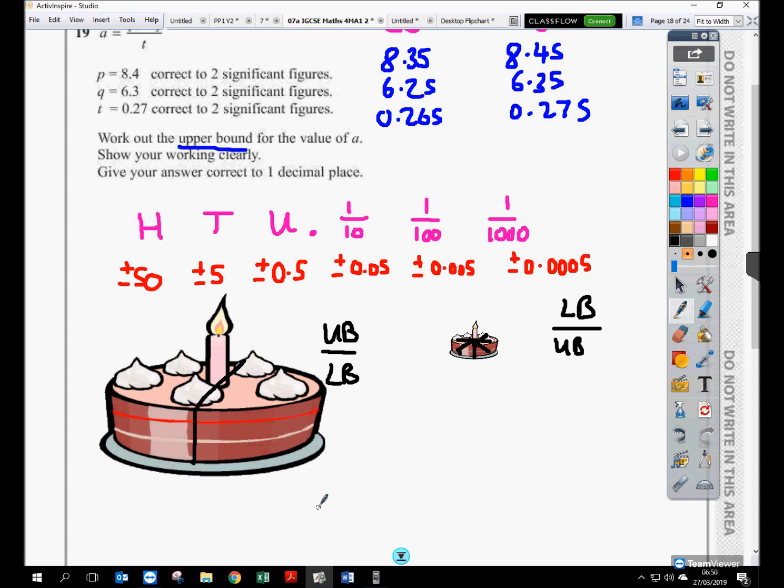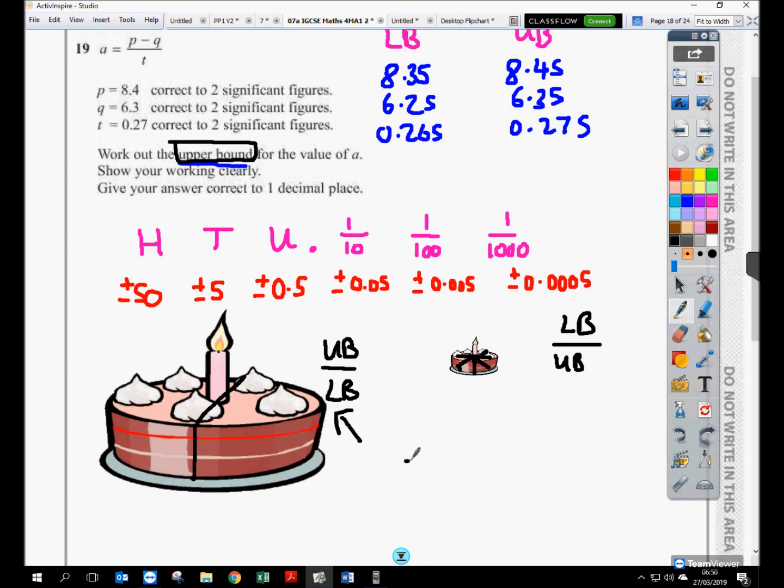We have a large cake divided by a small number of people, or we can have a small cake and divide it between a large number of people. So which one should we go for if we want the upper bound? Clearly it's the first option. We want the largest cake, but the smallest number of people to share it with. So that's what we're going to deal with in this question.